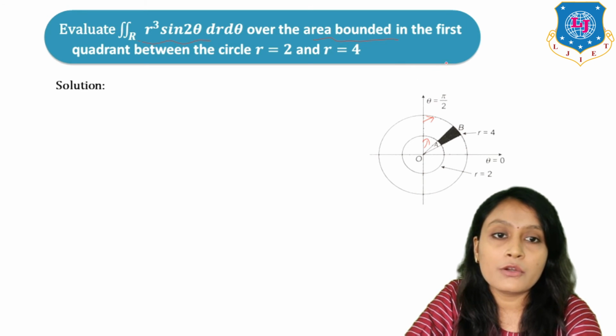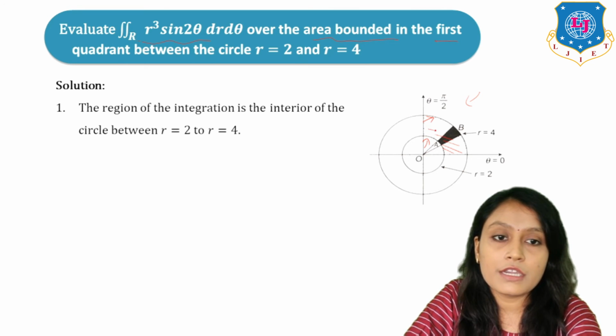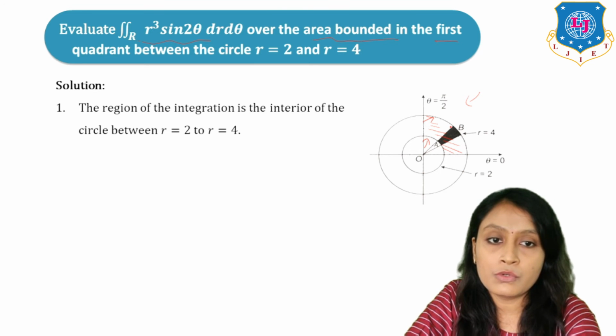We have to consider only the first quadrant, so we will consider only this portion, the region bounded between these two circles. So our region of integration is this portion, the region between r is equal to 2 and r is equal to 4.